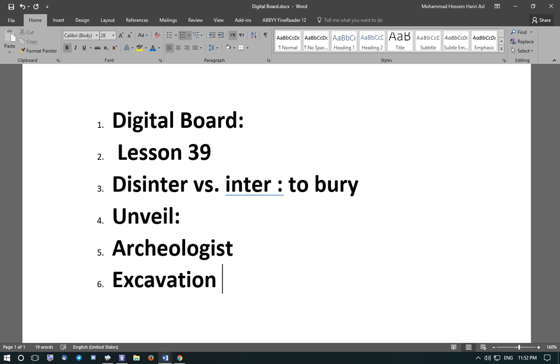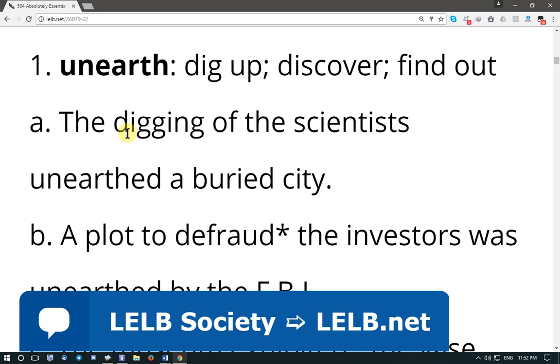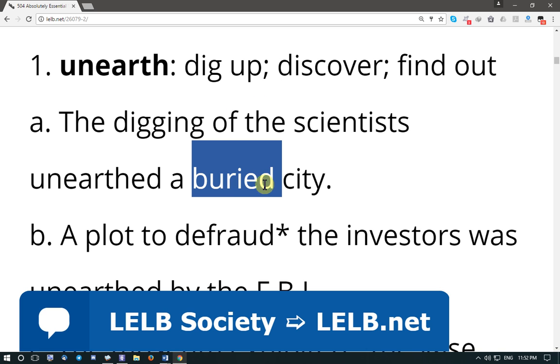Excavation means to dig out something from the earth, from the ground, for example, in a cave or in mines. Okay, they excavate things in order to discover some mysteries that have been, as a matter of fact, covered for many years. So buried, as you can see here, buried city.